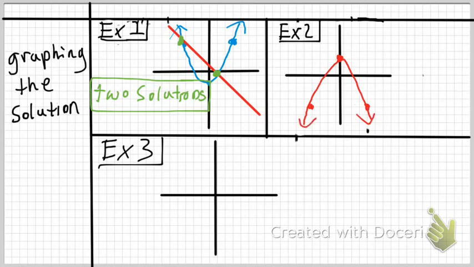Our general U shape, and we're going to have some line, and instead of intersecting at two places, this line is just going to intercept at one place. So it's going to kiss the parabola and then move on. So we'll use a horizontal line to represent this for now. So our intersection here only occurs at one place. So this is an example of what it looks like when I have one solution.